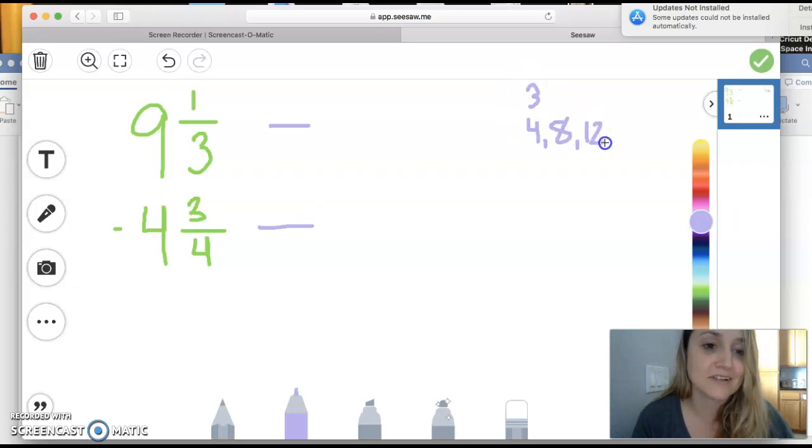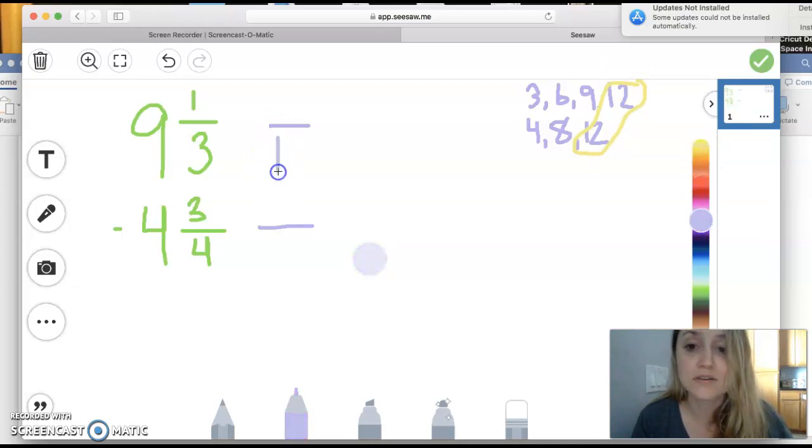All right, so find the least common multiple. Here we would have 12. So I have 12 and 12. Remember, whatever I do on the bottom, I must do on the top.